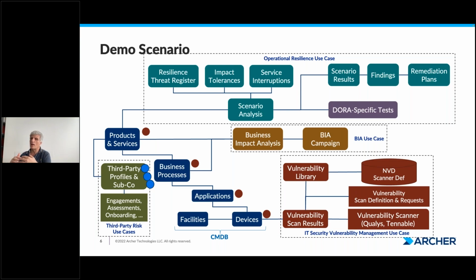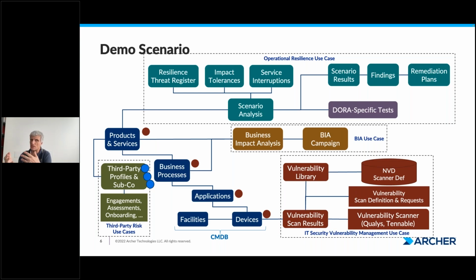DORA requires a different set of tests, like vulnerability scan, penetration testing, performance testing, software testing of different kinds, and so on. So we can capture the outcome of this process into the same scenario analysis. And in this case, thanks to this module, we also have the possibility to track the progress, because we can measure the resilience.